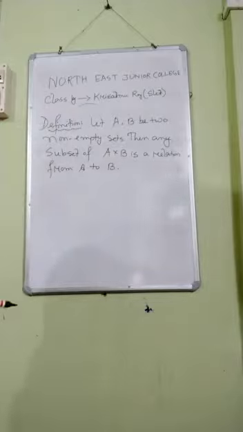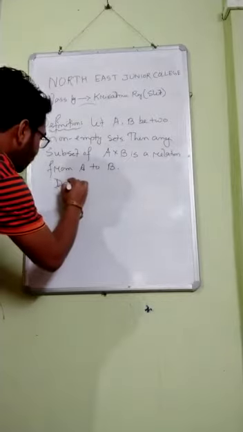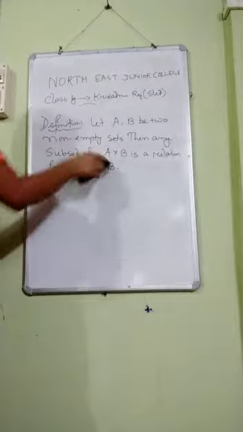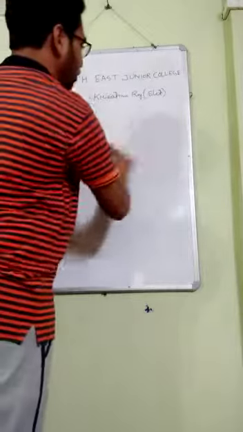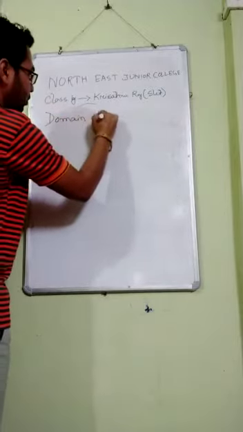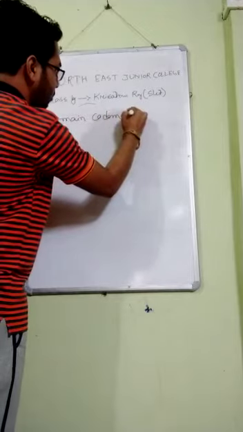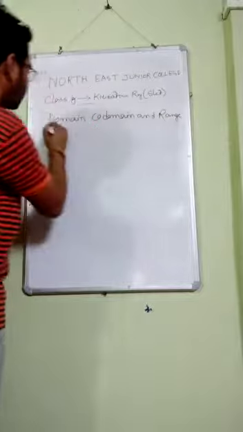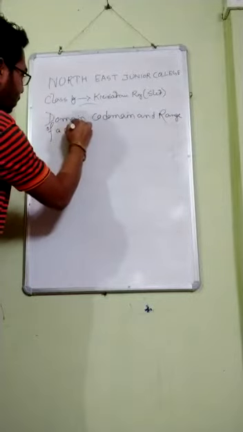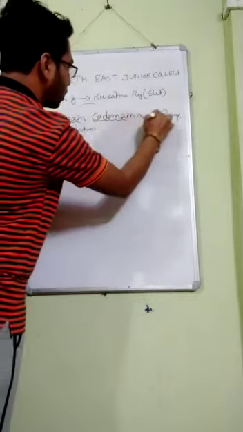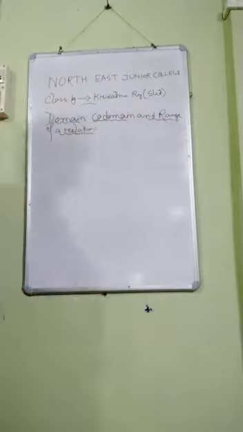Now next, write domain, codomain and range of a relation. I am erasing this one. Domain, codomain and range of a relation.